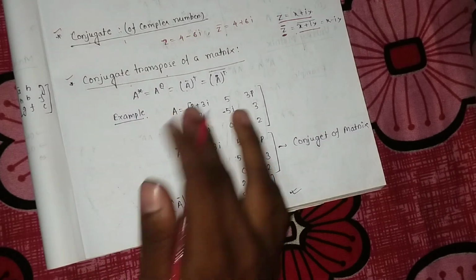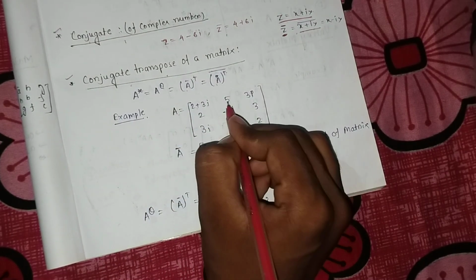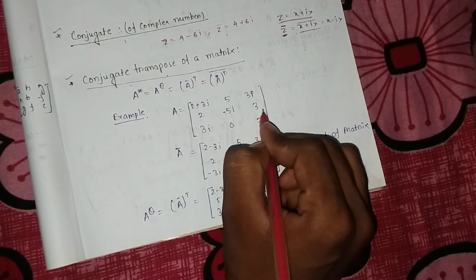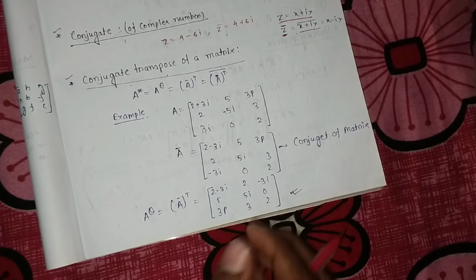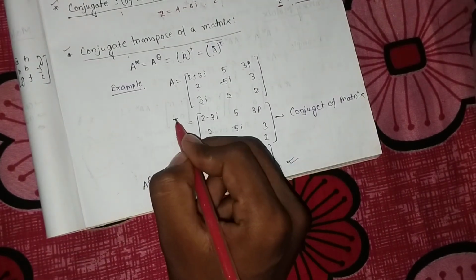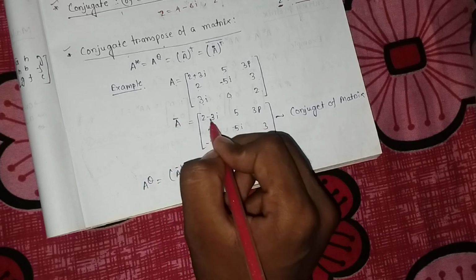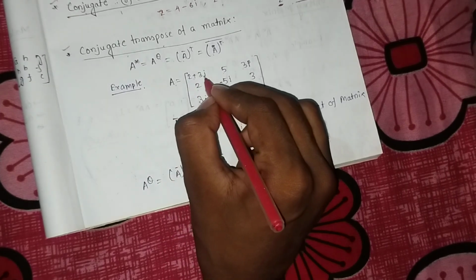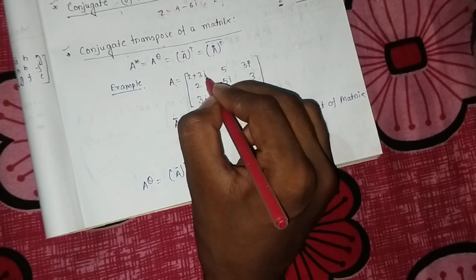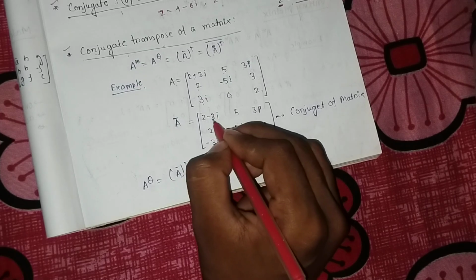For example, you can see this is a matrix A: 2 plus 3 iota, 5, 3 plus 2 iota... minus 5 iota, 3, 3 iota, 0, 2. Okay, and for A conjugate, first of all, where iota is present, that means where a complex number is present, we have to conjugate that number.